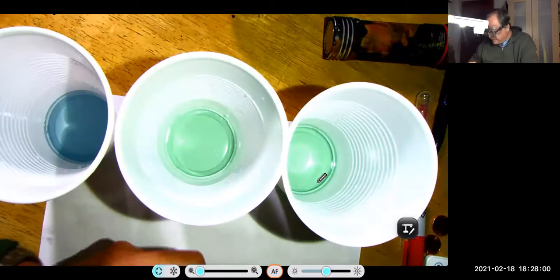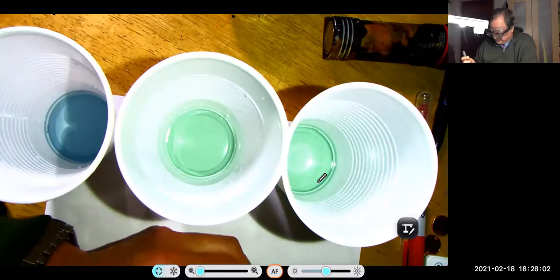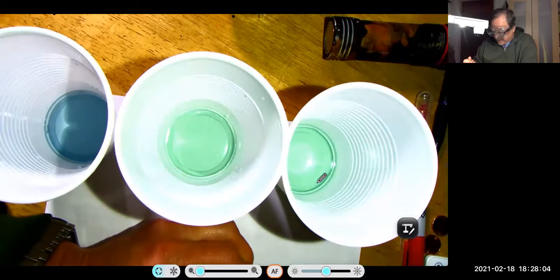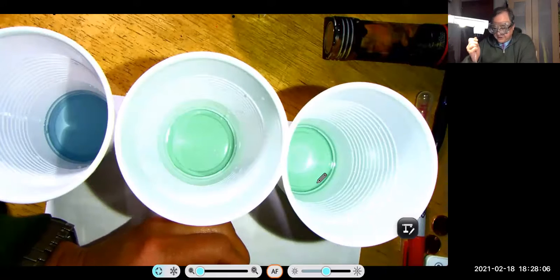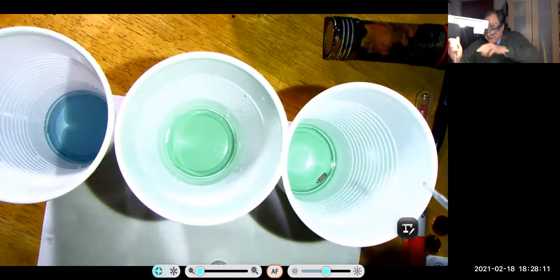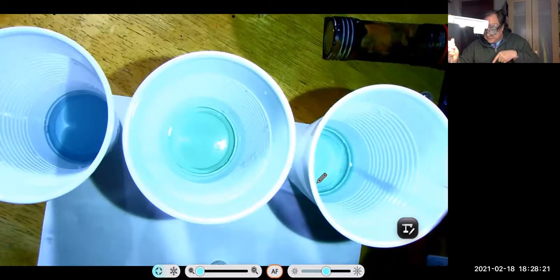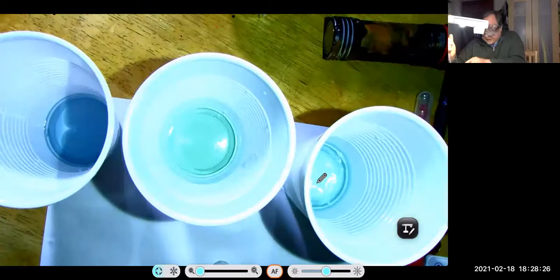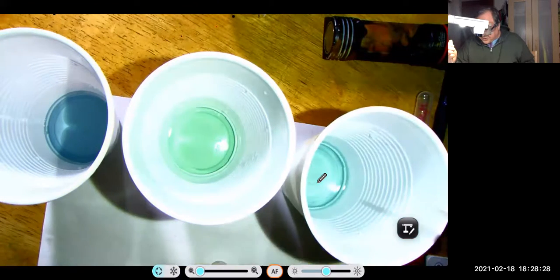Now, I'm going to ask you to add this acid drop-wise, 1 drop at a time. I'm going to do it on the end one, and stir it. And you basically want to add it until it turns the same color as the control. And you can see that it is changing color a little bit.